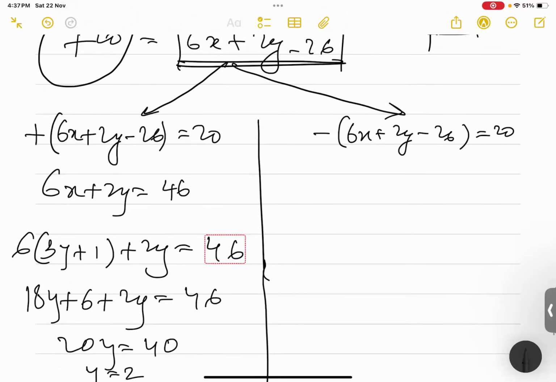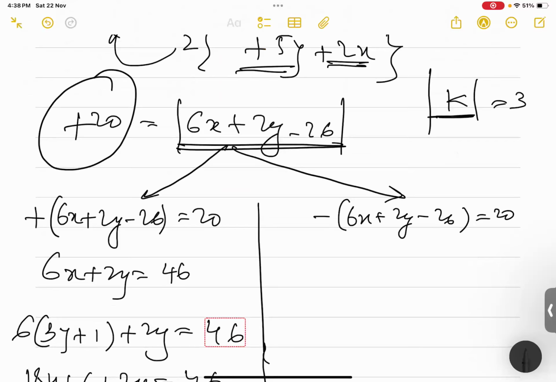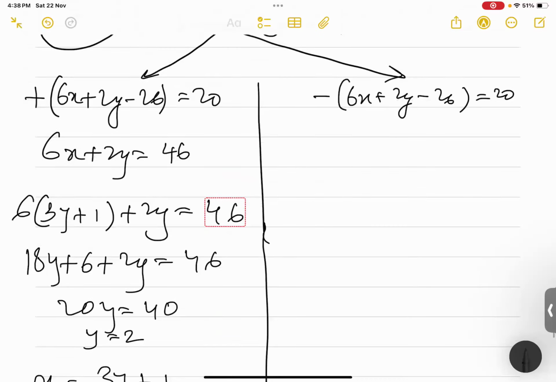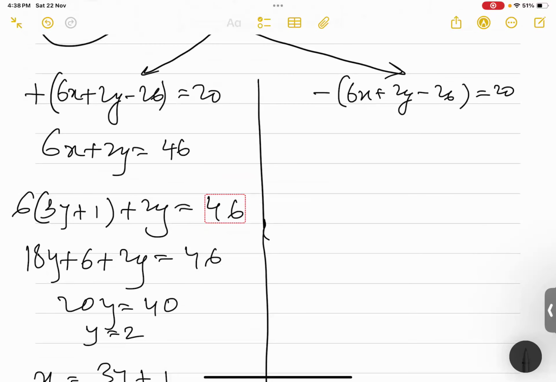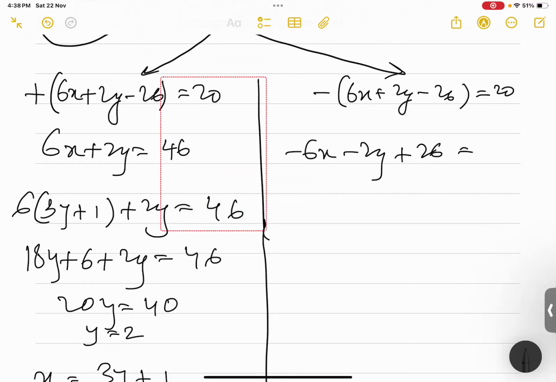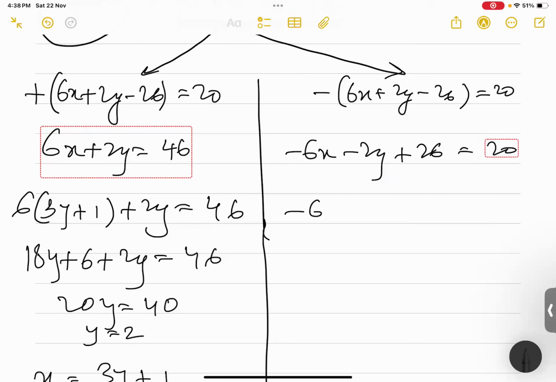See, look at the calculation. And the second possibility: minus 6x minus 2y plus 26 is equal to 20. So minus 6x, x is 3y plus 1, minus 2y is equal to minus 6.